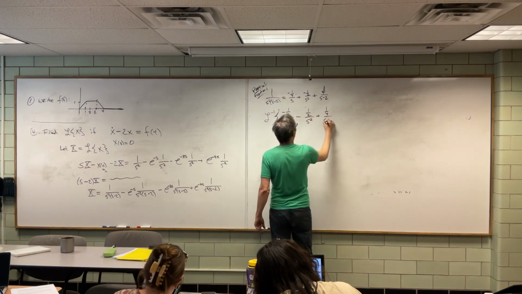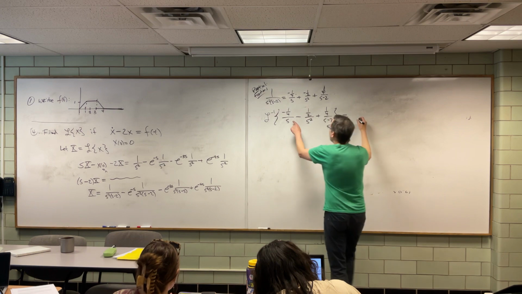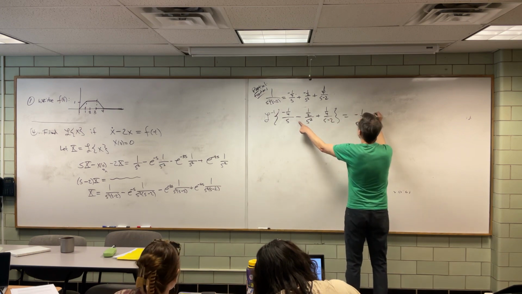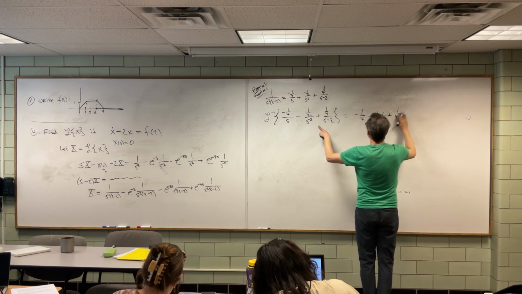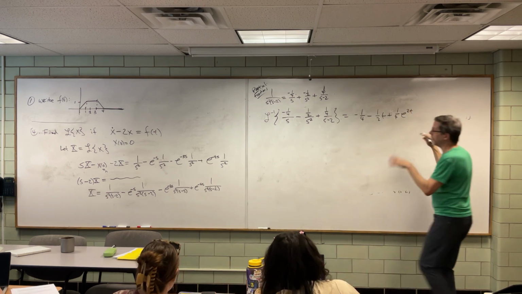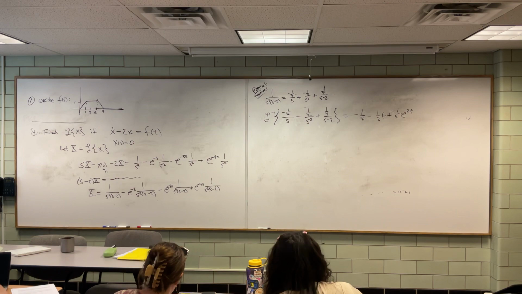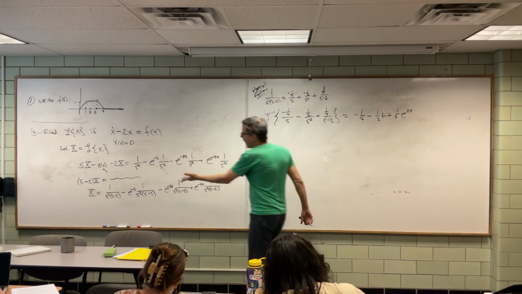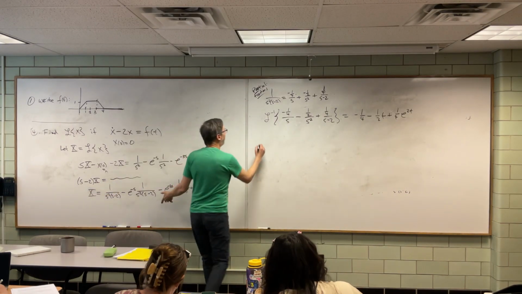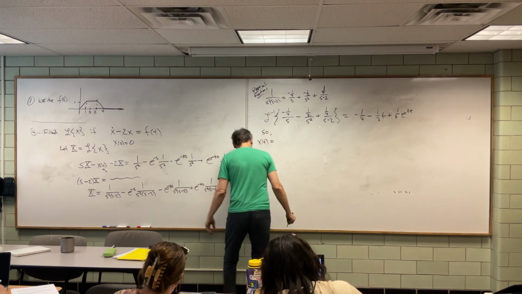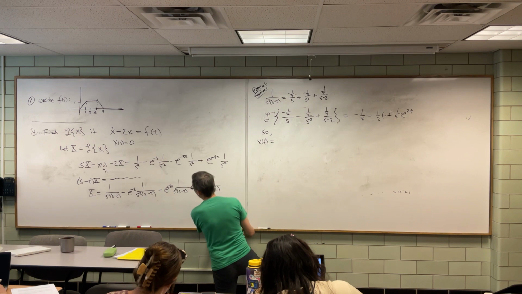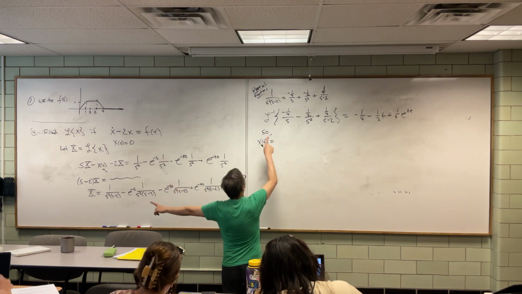Lavina read that off to us, and then we agreed with her that this was -1/4 minus 1/2 t plus 1/4 e to the 2t. Yeah, that's good. And so now I can get this real easy. So x of t equals that.